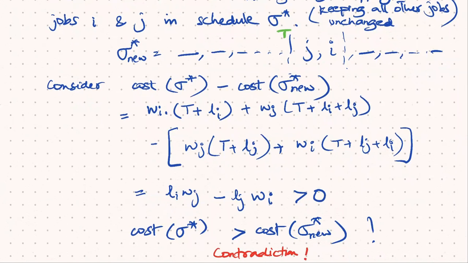What we assumed was false. What did we assume? We assumed that sigma star was something different from our greedy solution sigma. That cannot be the case, which implies that our greedy solution sigma has to be the optimal solution.